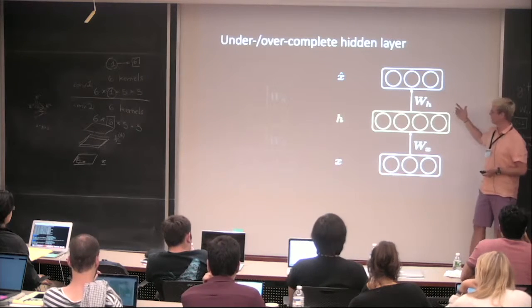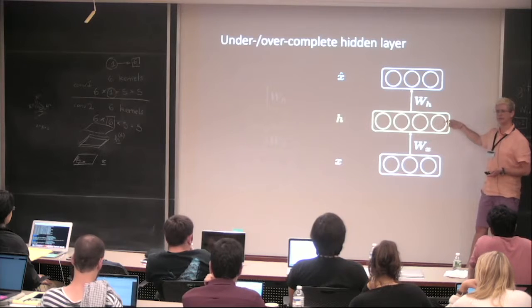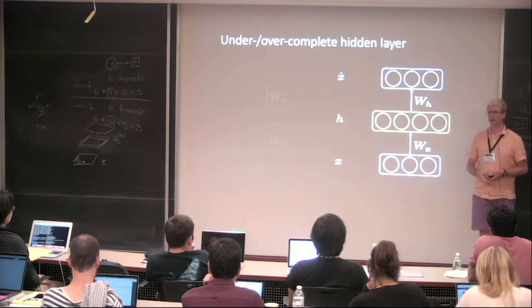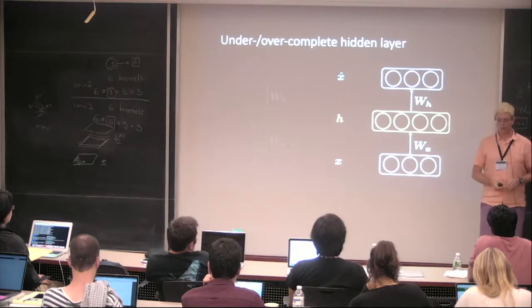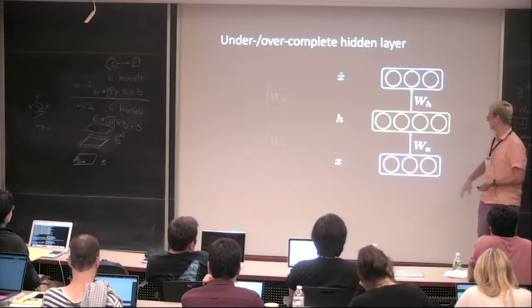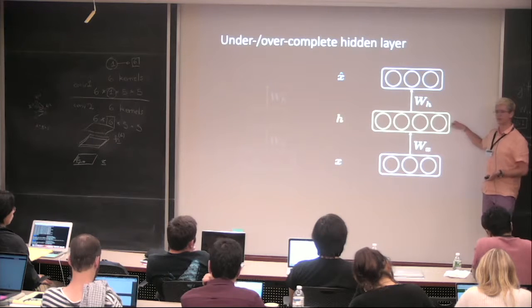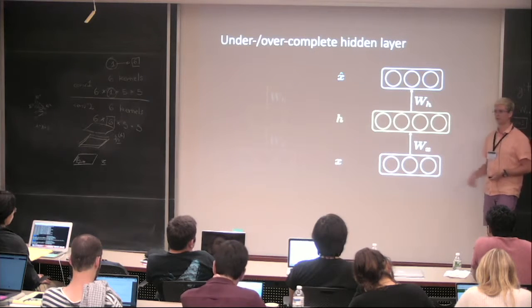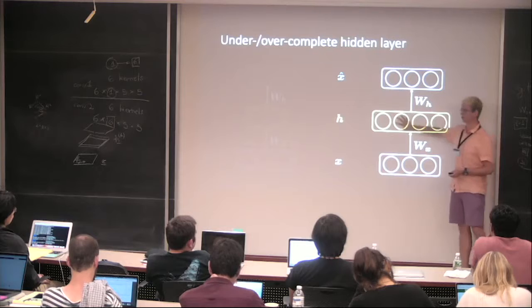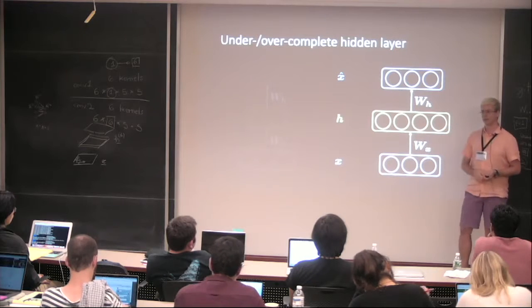So how come we are interested in something that is overcomplete for an autoencoder? Well, it depends on what you're actually sending here. We still have to introduce some kind of constraint, which could be, for example, that we turn some of these to 0. So we have a sparsity constraint.